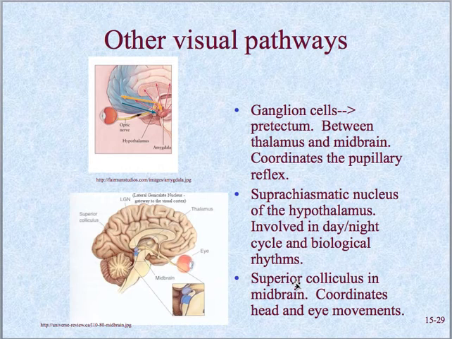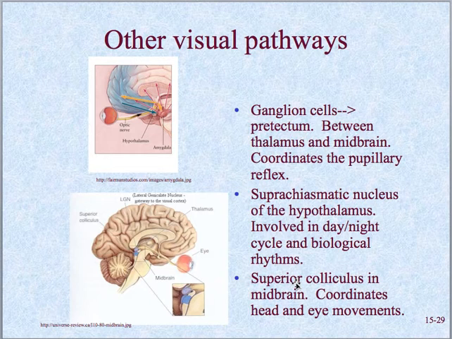They also project to the pretectum area, and the pretectum area is near where the midbrain is located. This is between the thalamus and midbrain. And what this is going to do is coordinate the pupillary reflex to light, and this is going to involve the oculomotor nerve, the preganglionic parasympathetic nerves.